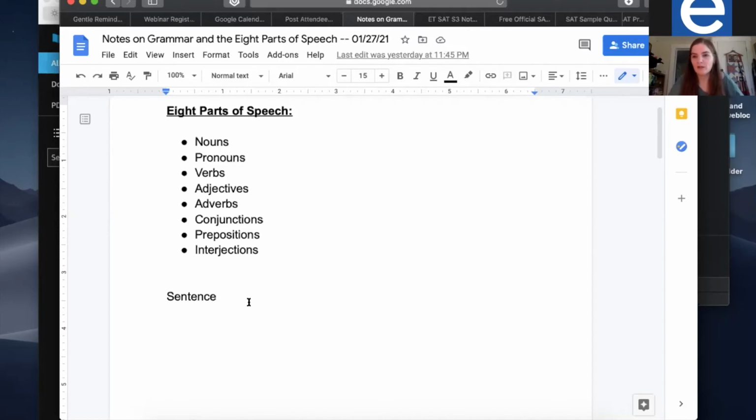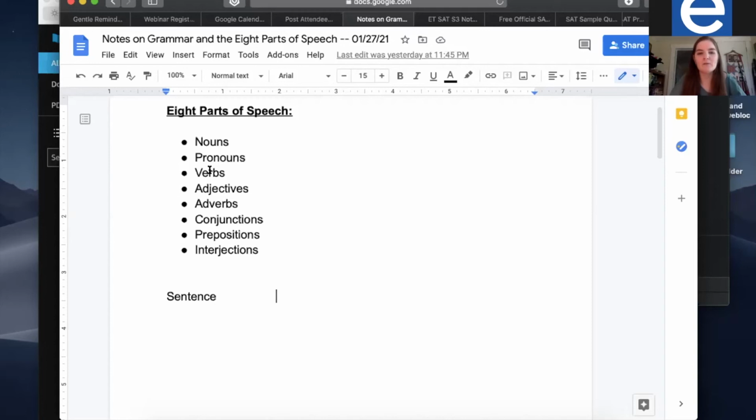Those types of things are conveyed by verbs. So they're going to tell us what's happening in a sentence, whereas the noun is typically who is doing the action or what is having the action done to it.